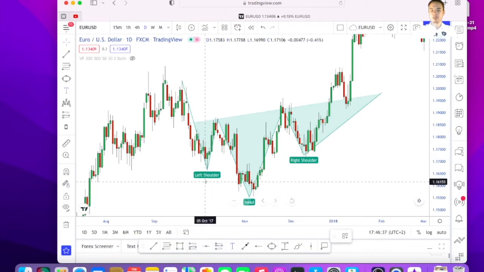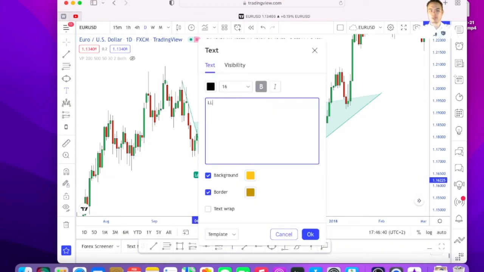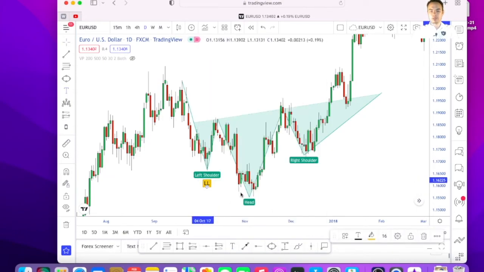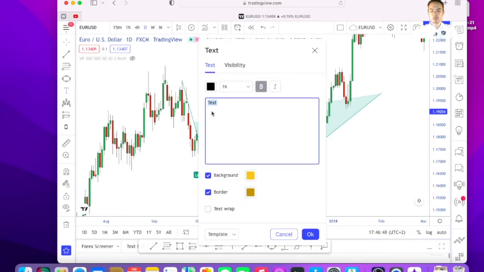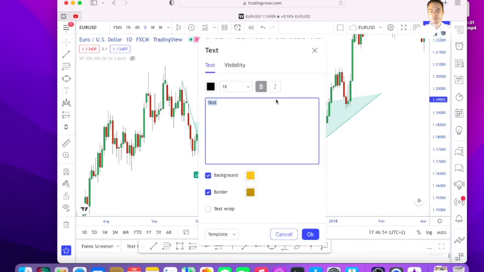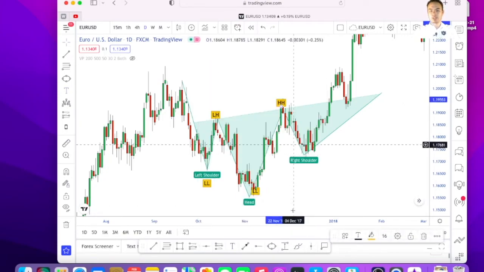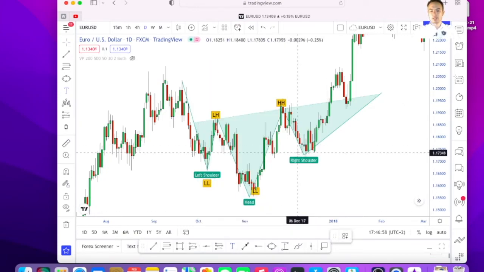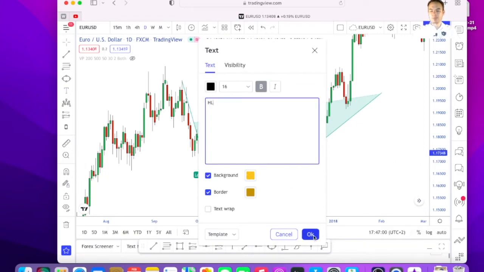So if we go here, this is a lower low, here's also a lower low, lower high, then here's already a higher high. So first indication, higher low, but we have to wait.